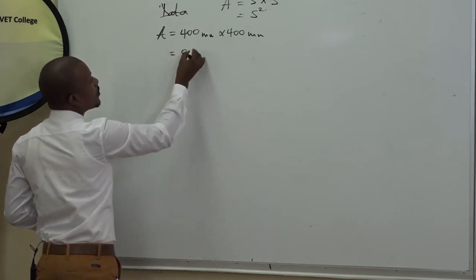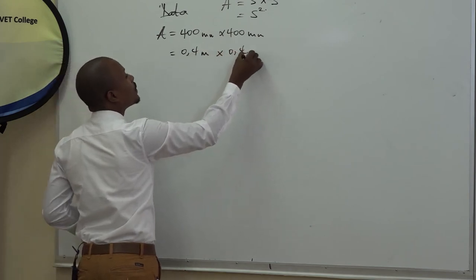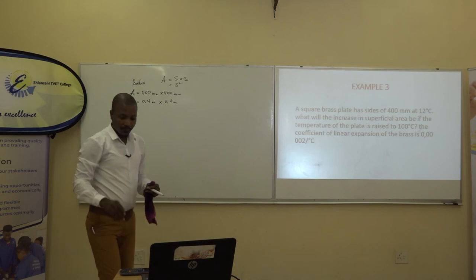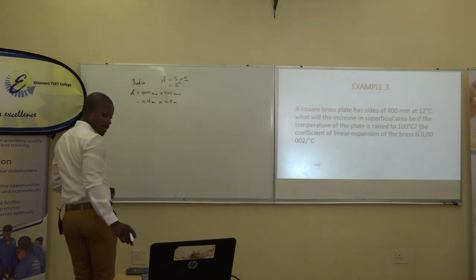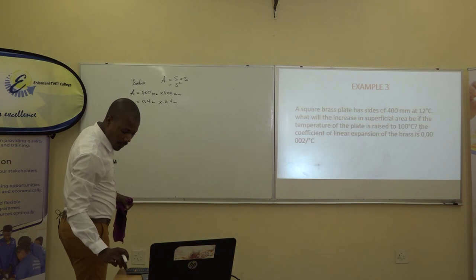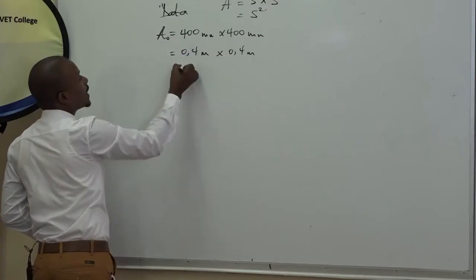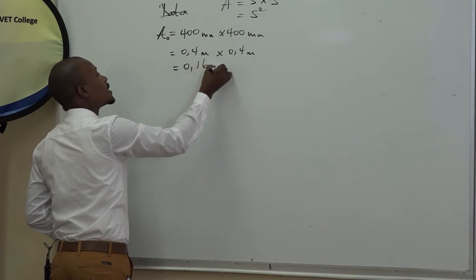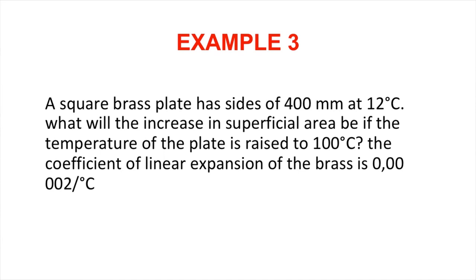This will be 0.4 meters. 0.4 times 0.4 gives us an original area of 0.16 meters squared, at a temperature T1 of 12 degrees Celsius.